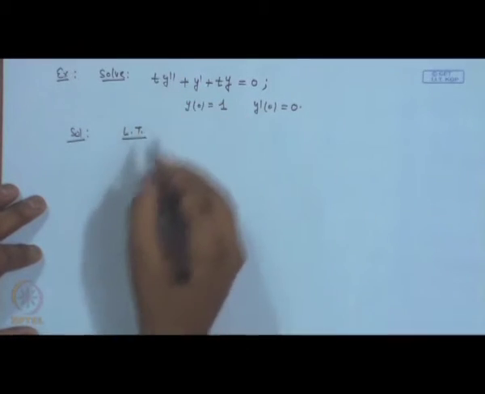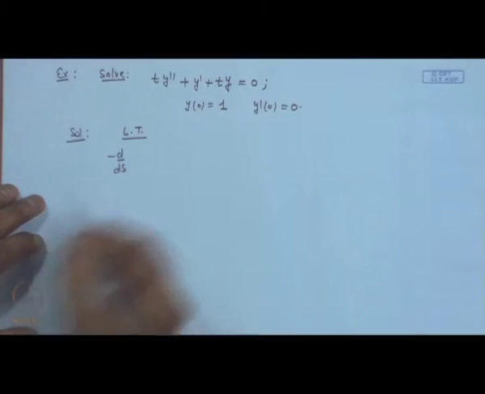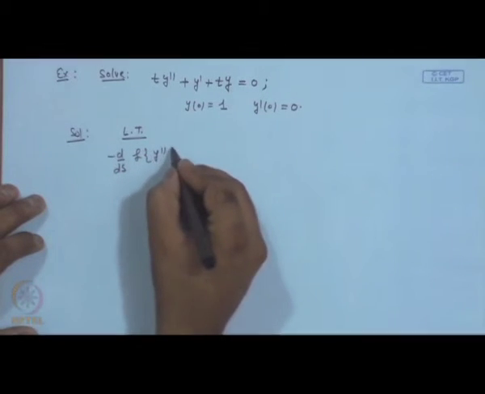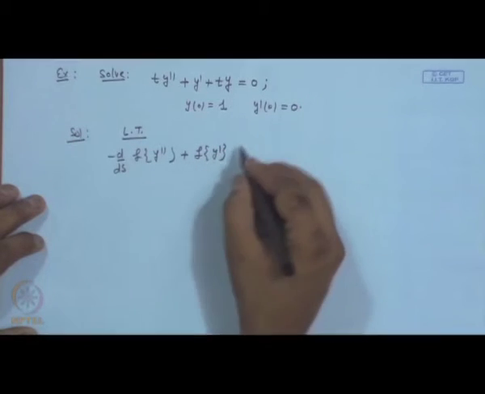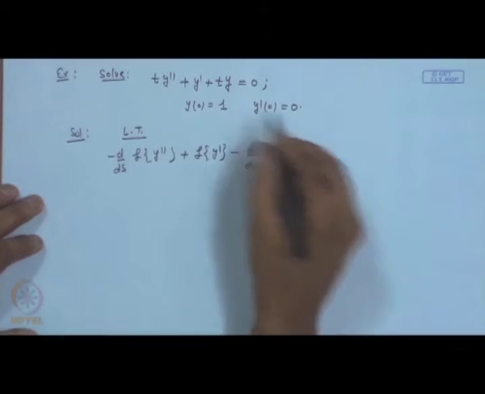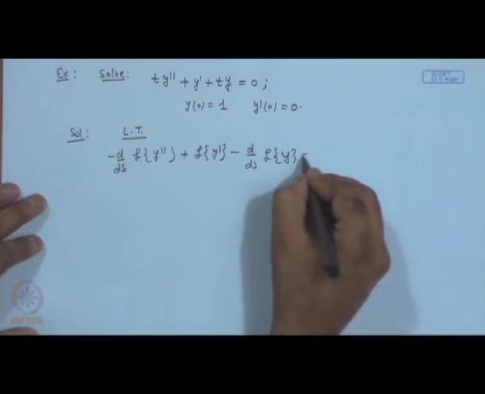So, Laplace transform of this, because this t is sitting there, we have minus d over ds by the property of Laplace transform, of the Laplace of y double prime, plus the Laplace of y prime, minus again d over ds of the Laplace of y, this is 0.